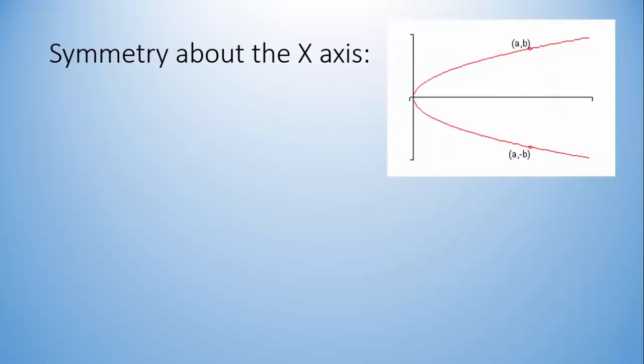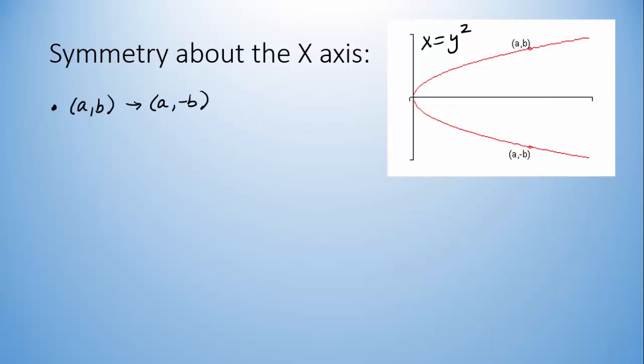How about symmetry about the x-axis? Well, here's another parabola, but this one's sideways, right? So we've got x equals y squared. In this case, we can tell by points if for every point (a, b) that's on the graph, there is also an (a, negative b) on the graph.